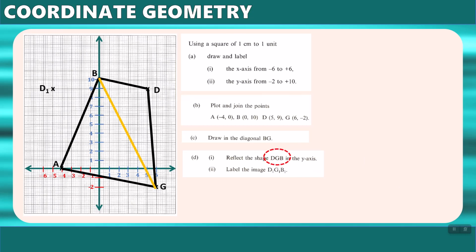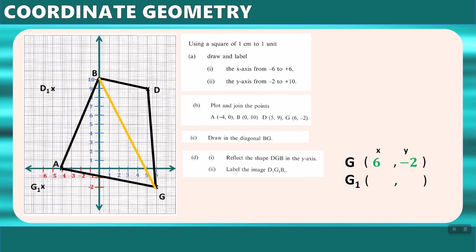Let's find point G now. Here is point G. We need to reflect that in the y-axis. Point G is located at 6, -2. And so G is 6 units from the y-axis, and its reflection has to be 6 units away from the y-axis. And there is our reflection, G1. Now let's find out where that is.